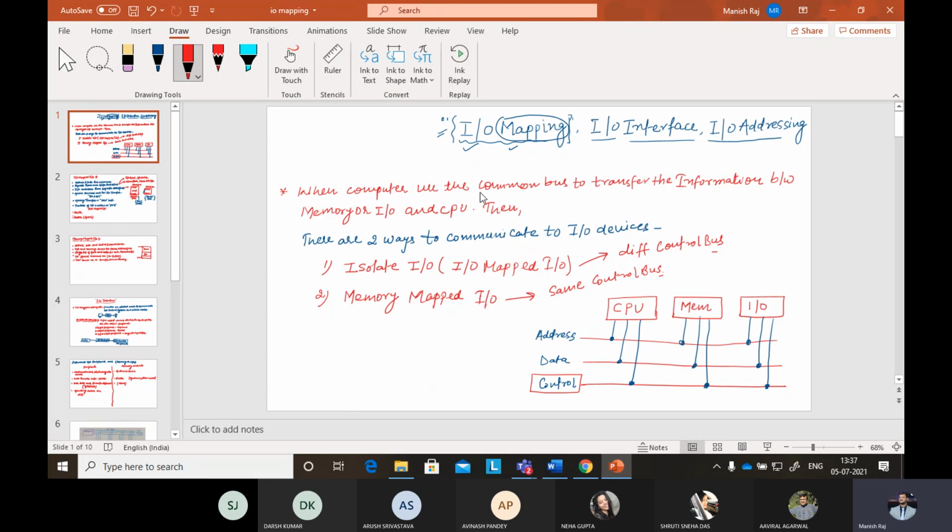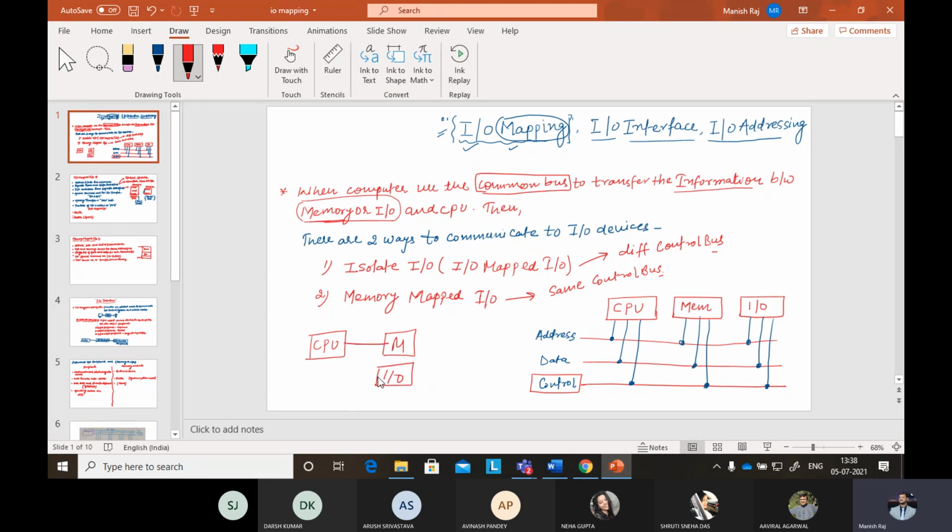When the computer uses common buses to transfer information between the memory and IO, we take this part again. The CPU is one unit, the central unit, memory is one unit, and IO devices are one unit.